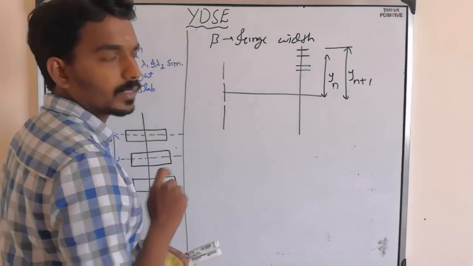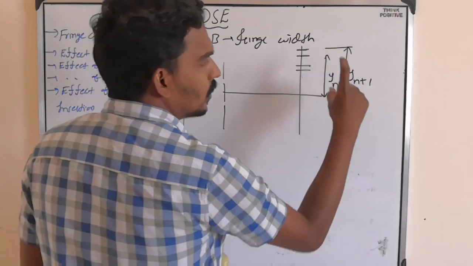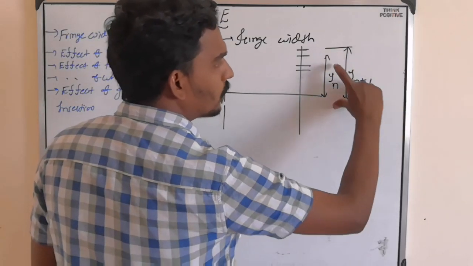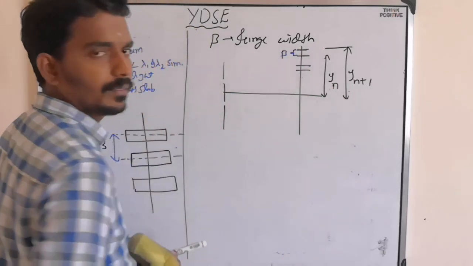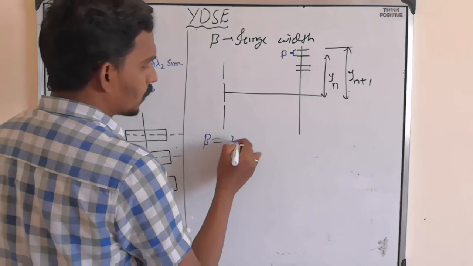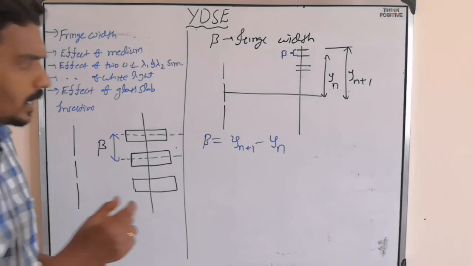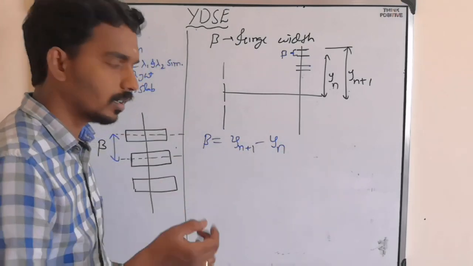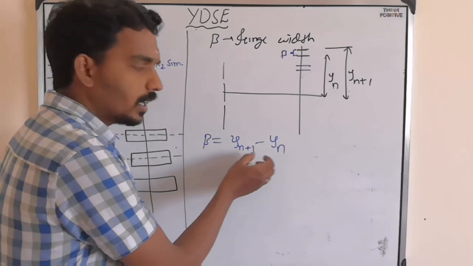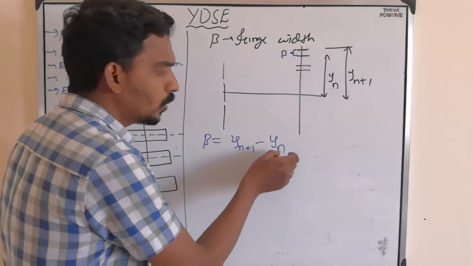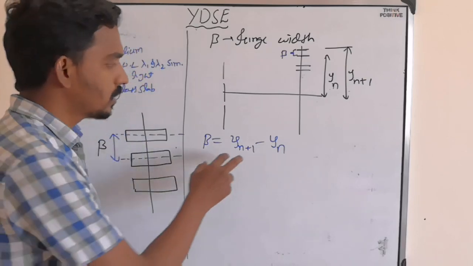Both are bright, and in between there will be dark. The separation between yn plus 1 and yn is called beta. So beta equals yn plus 1 minus yn. It is the distance between n plus 1 and n, or n and n minus 1, or n minus 1 and n minus 2, or n plus 2 and n plus 1, two successive bright or dark fringes.